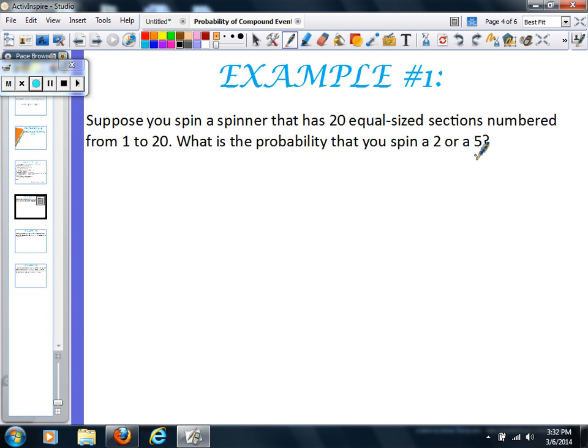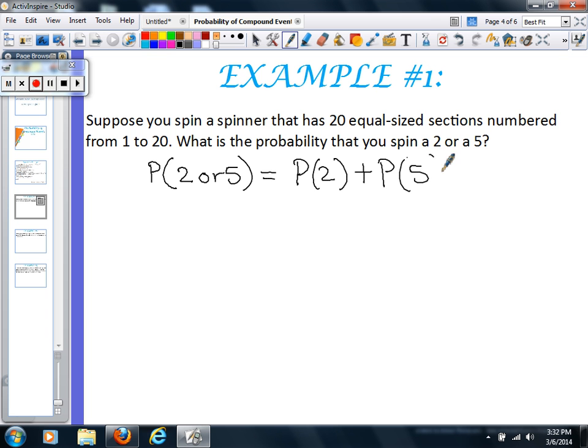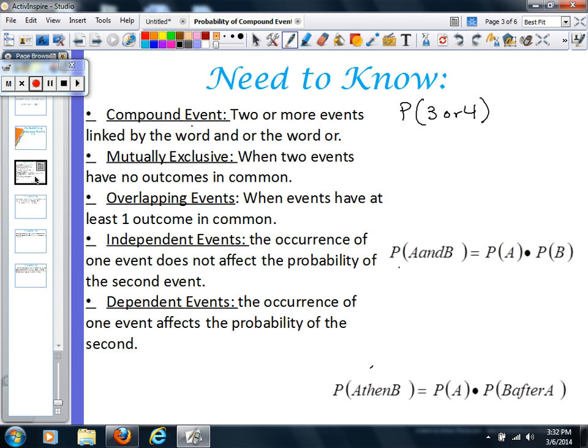Okay, so what you're going to do here then is say the probability of 2 or 5, which I can write as the probability of 2 plus the probability of 5. And I actually apologize, I should have written a few more things down here.